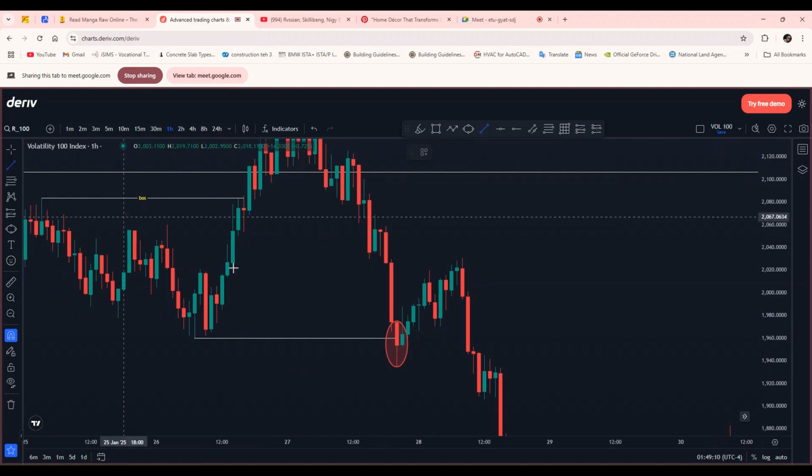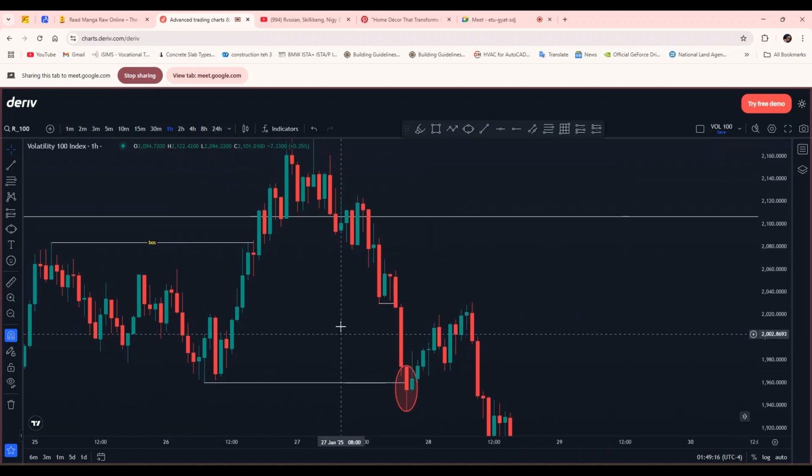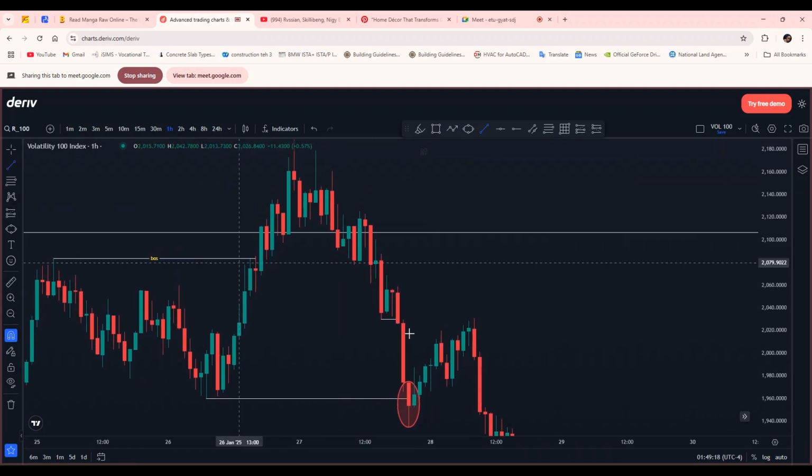And while that is the specific candle that caused that break, we had a downtrend happening. This is a breakup structure of that downtrend. This is another breakup structure. This is also another breakup structure right there.